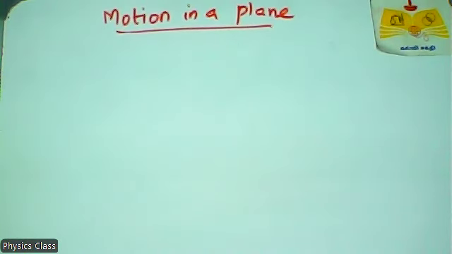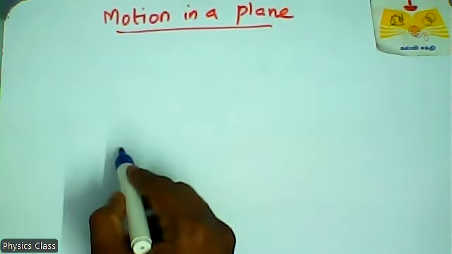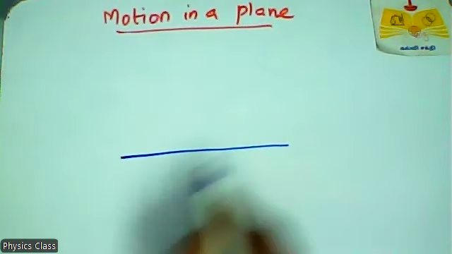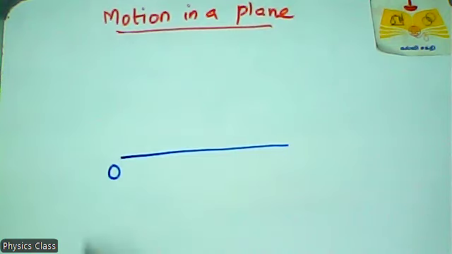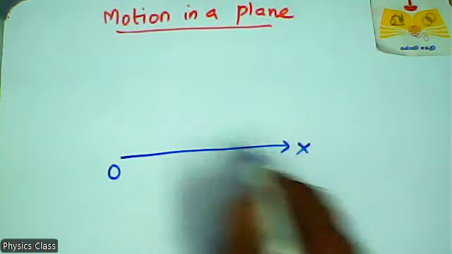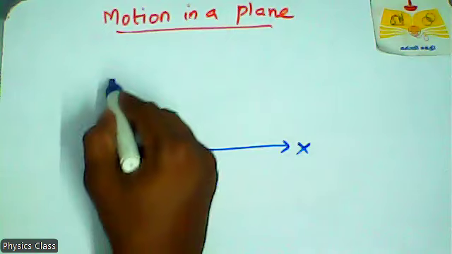First of all, we will draw one diagram related to this question. So this is horizontal. This is origin. This is x-axis. This is y-axis.